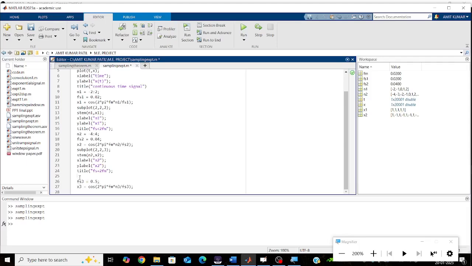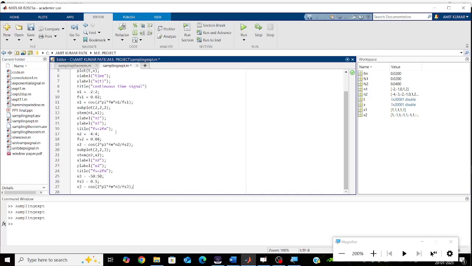And similarly we have to assume n3. n3 is the number of samples. So number of samples we can assume any range. Suppose I assume minus 50 to plus 50. Generally what we are doing, we are multiplying this value.